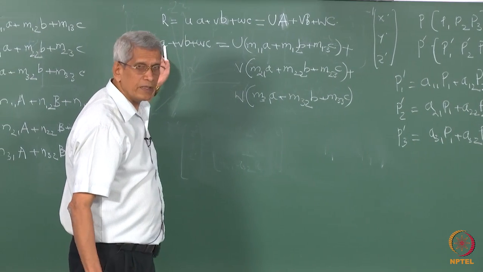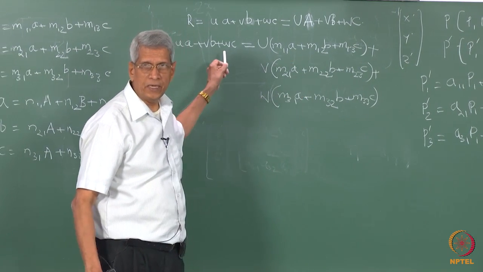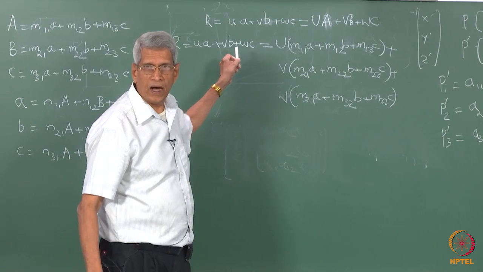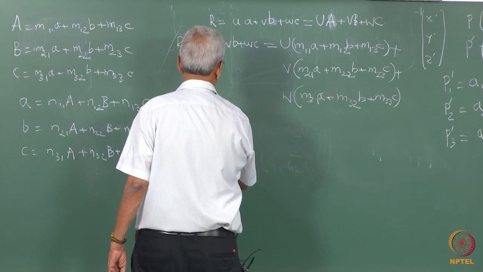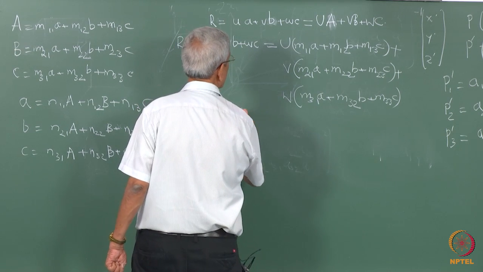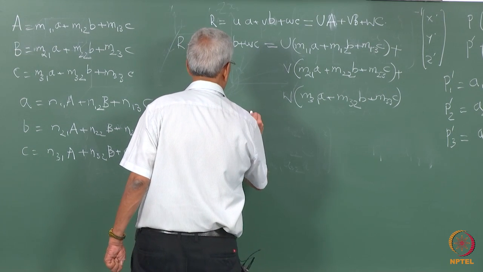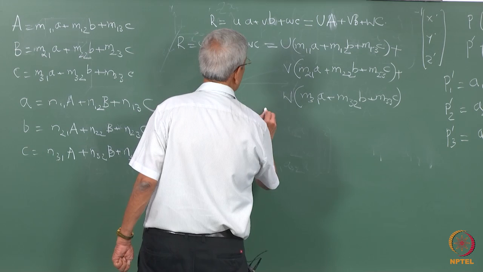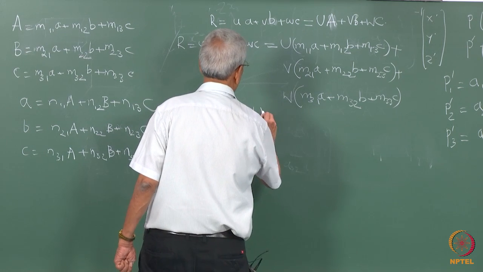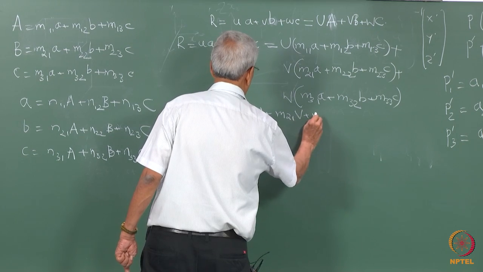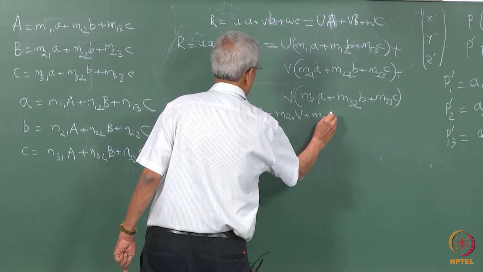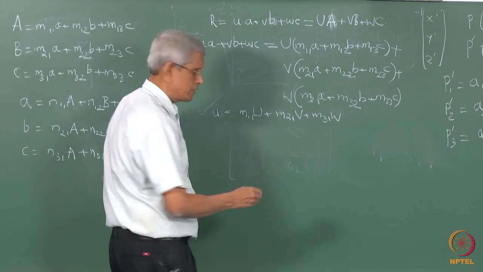If you take the coefficients of a, b and c on either side and equate them, then u will turn out to be equal to M11 into U plus M21 into V plus M31 into W, correct?